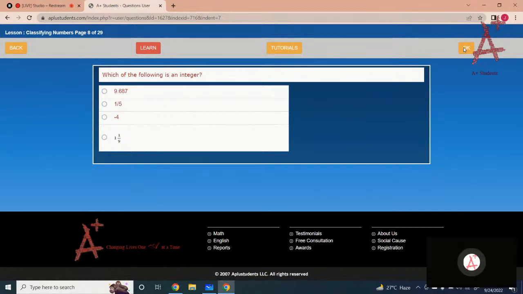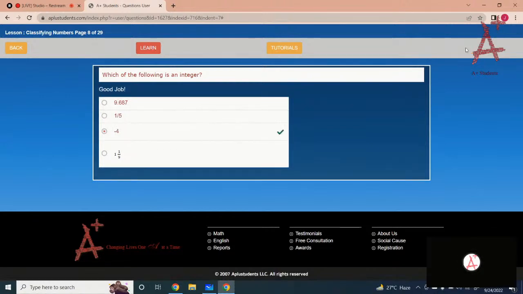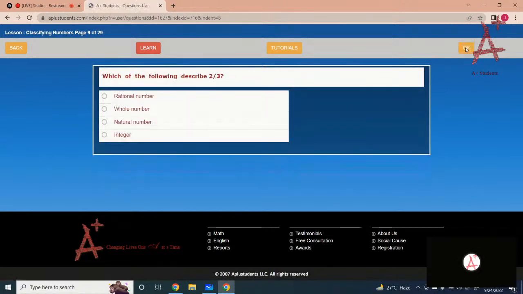Which of the following is an integer? Integers are the numbers with the negative and positive sign, without a decimal portion. So the rest of the three have a decimal portion. So only negative 4 is an integer. Got it?